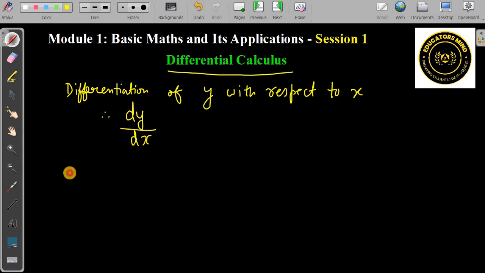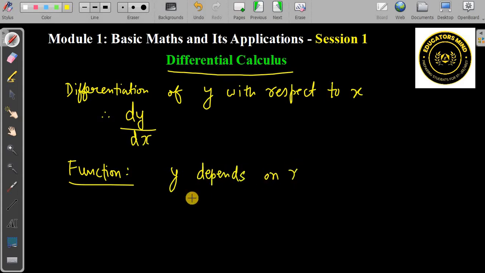First of all we have to understand some concept about function. What is function? So let us say y depends on x. So we write y as a function of x. But this is in general a relationship, like there is a relationship between two variables.